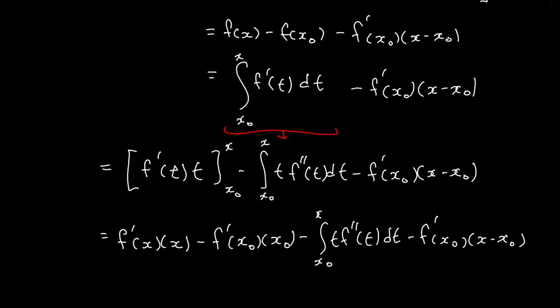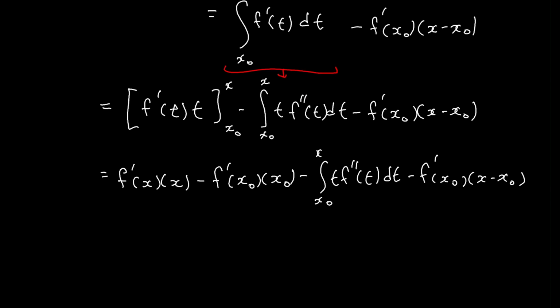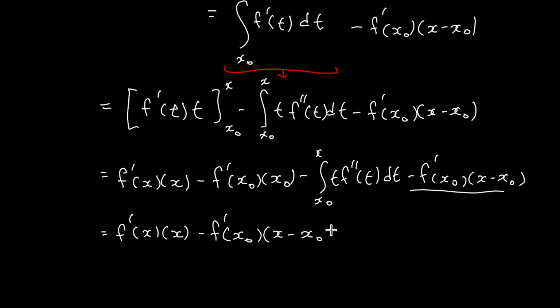Great. Now I'm just going to rearrange the stuff in the equation: minus f prime of x0, I'm going to bring it right here, times x minus x0, minus f prime of x0 times x0, and finally minus this integral again. So all I did was rearrange the parts of this equation.